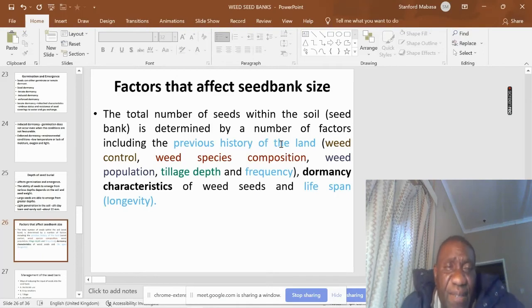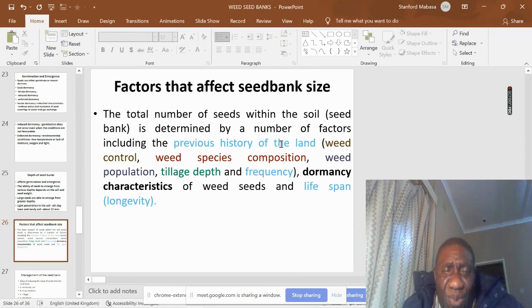Now, what are the factors that affect seed bank size? Here we are looking at the total number of seeds within the soil, that is the seed bank size. It is determined by a number of factors, including the previous history of the land.